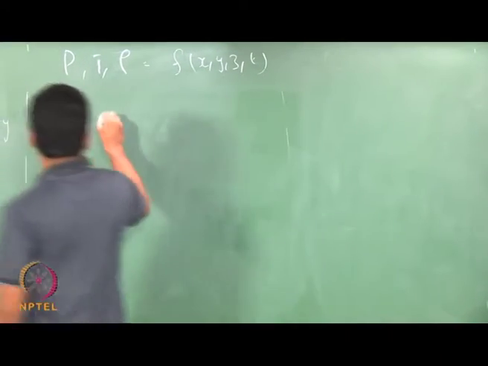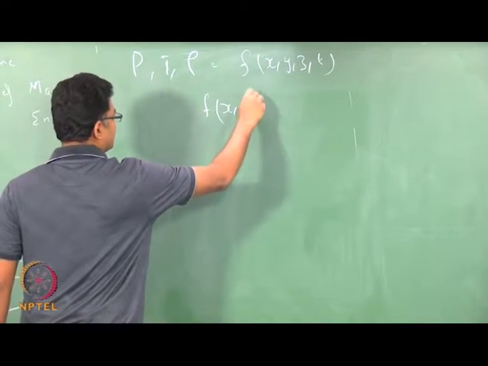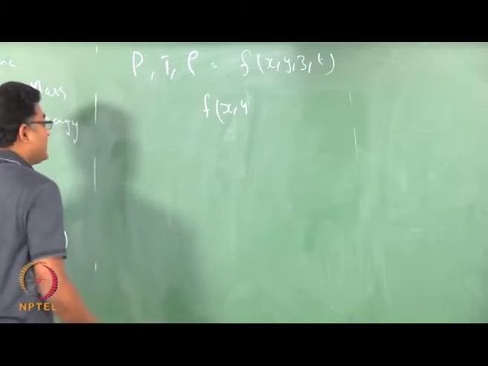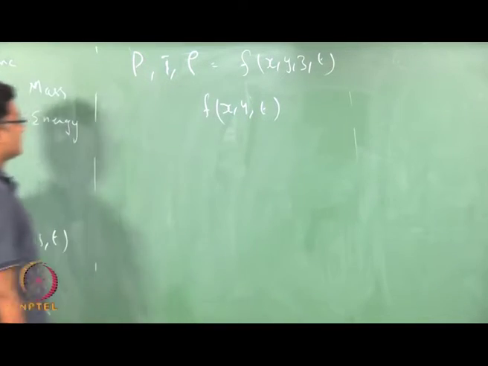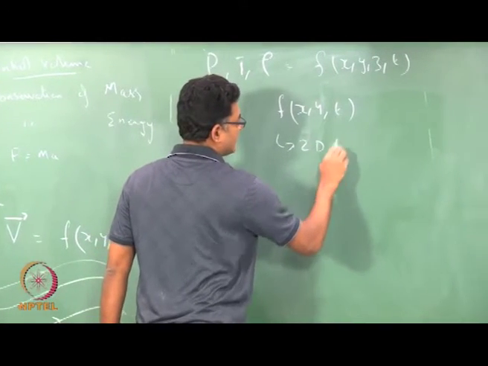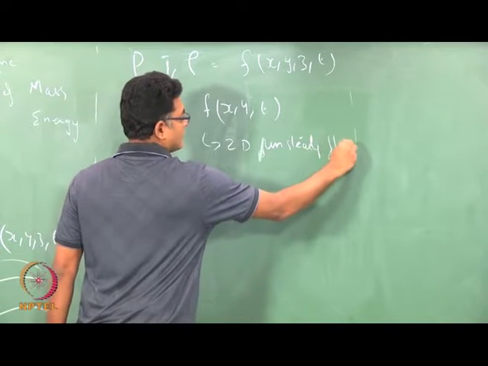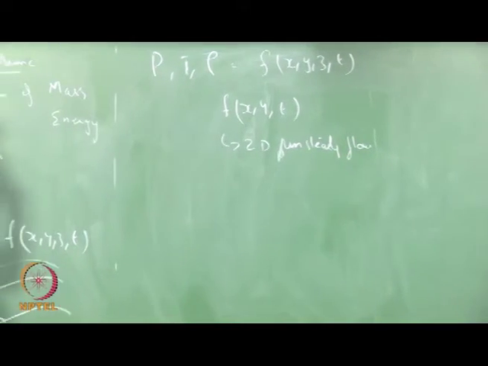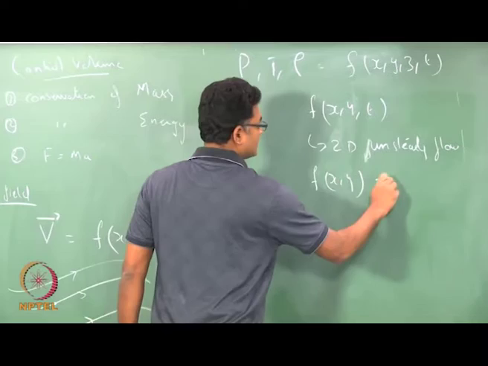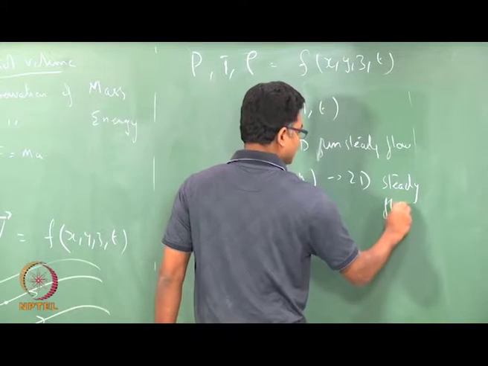Now, if it is a function of just two space variables and time, then this is a two-dimensional unsteady flow. If the time dependency is absent, then this is a 2D steady flow.